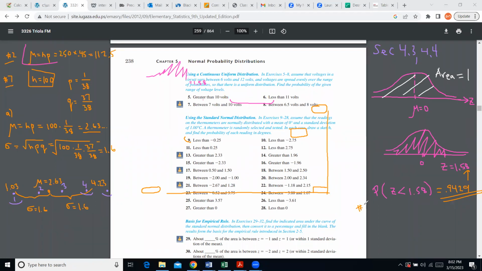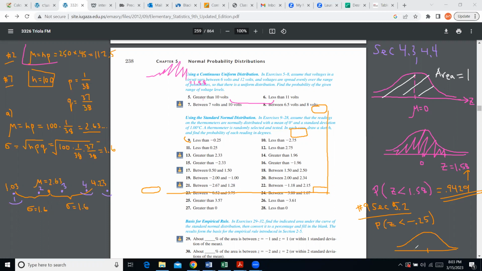Exercise number 9 is asking you to find the area for z less than negative 0.25. So area or probability is how we will always describe it. So I can picture this normal curve. 0 is someplace in the middle.